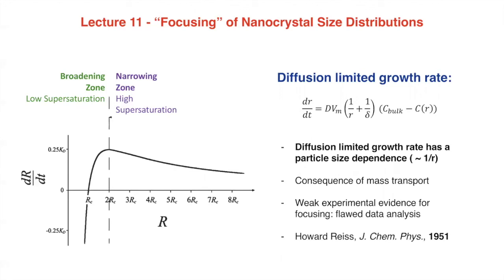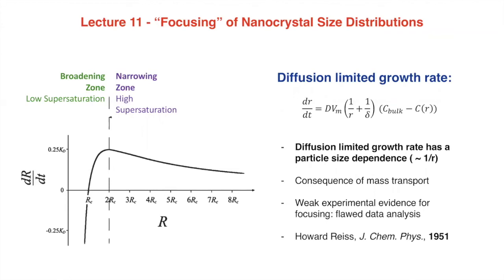comes from Howard Rice, who was a student of Victor Lemaire's. Rice said that diffusion limitations on the growth process can give rise to a size-dependent growth, right? Where small crystallites actually consume solutes faster than large crystallites do. Okay, and when you have that kind of situation, the size distribution will narrow.